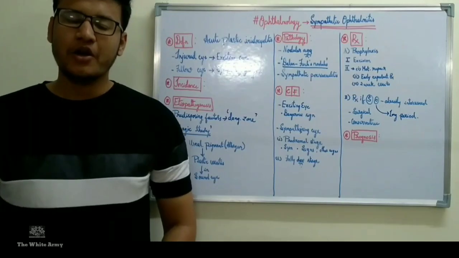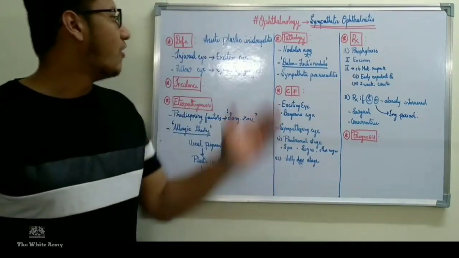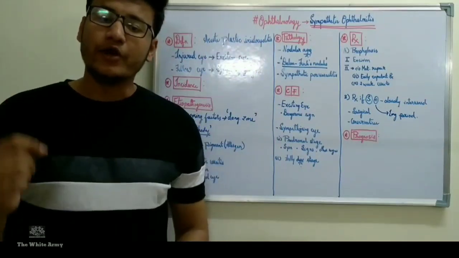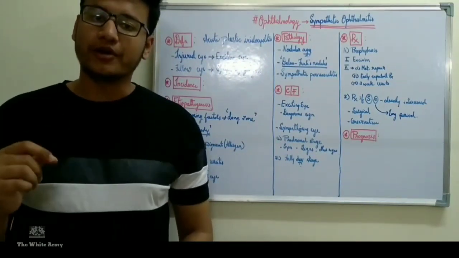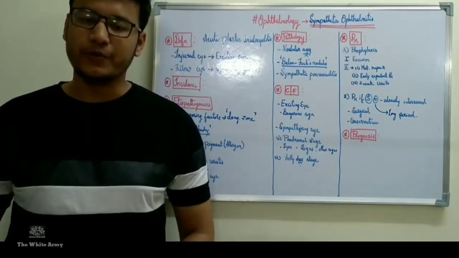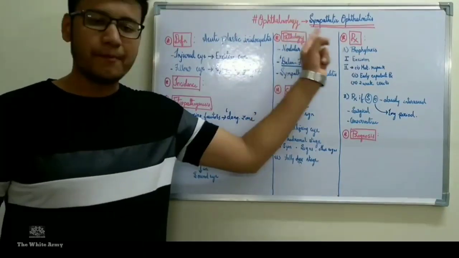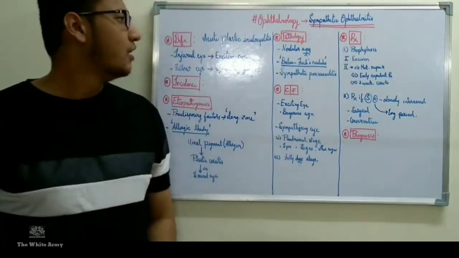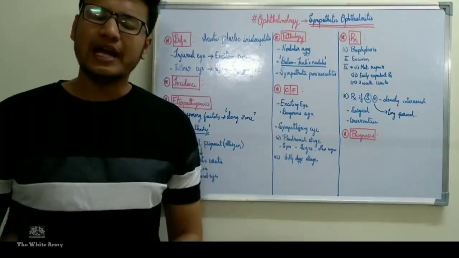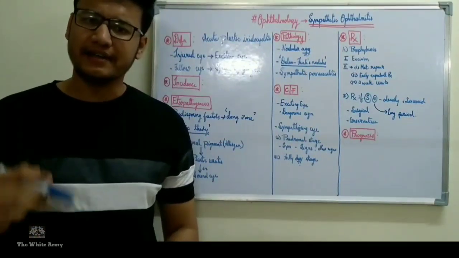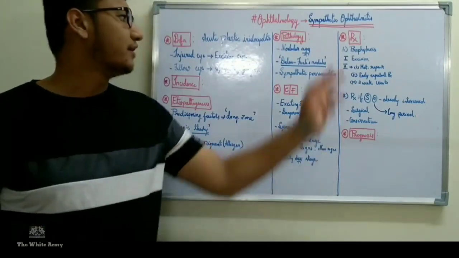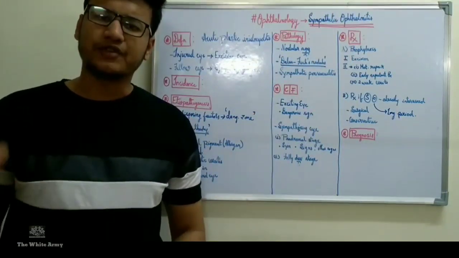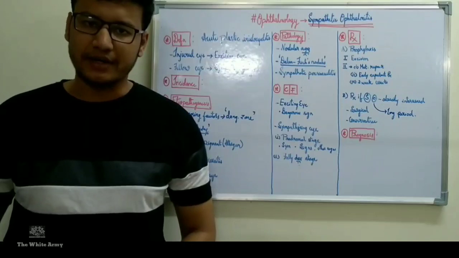Hello everyone. Today in this video lecture of ophthalmology, we are going to discuss a very important 5-marker question in the university exam, that is sympathetic ophthalmitis. From this name we can predict what this topic is about: ophthalmitis, related to inflammation inside the eye.